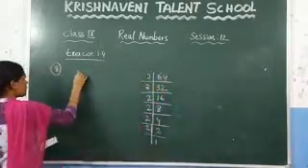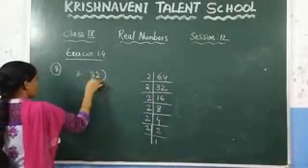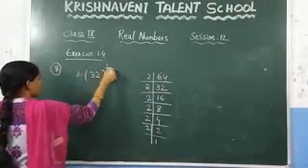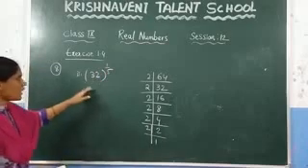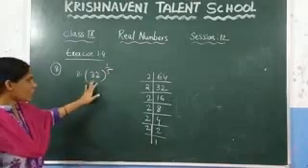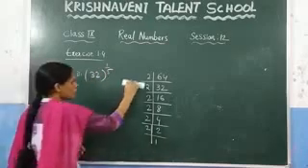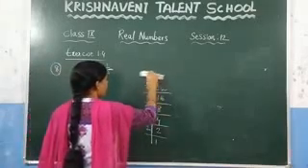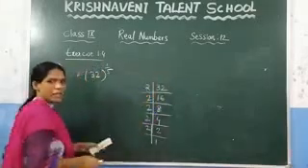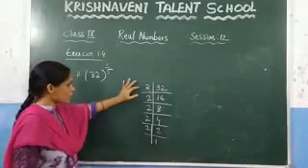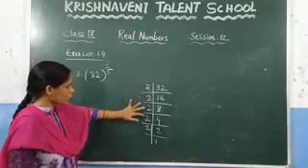The second question in this is 32 whole power 1 by 5. This they have given here. You need to find the prime factorization for 32. Here we have already done it. How many 2's are there? 1, 2, 3, 4, 5.